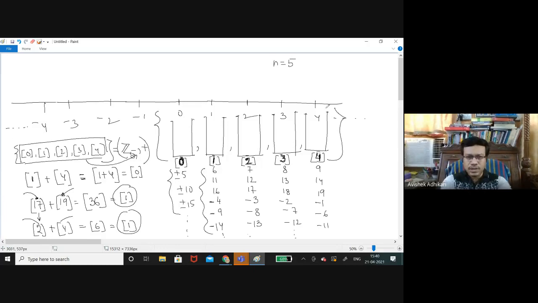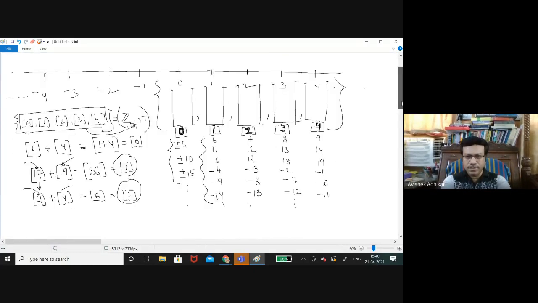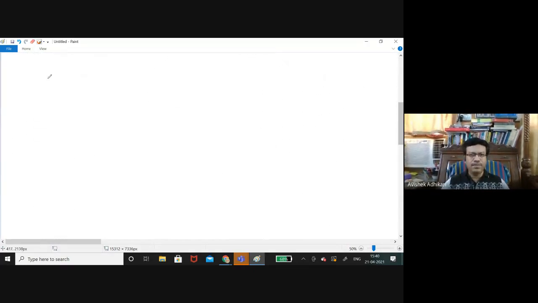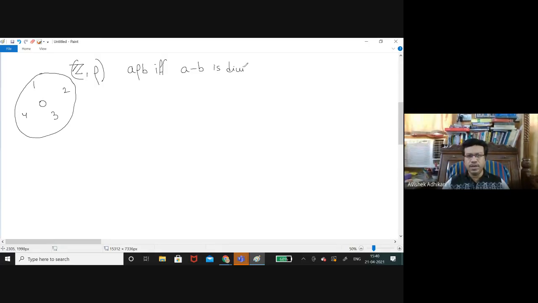Okay, so this can also be seen in this way. We have Z, right? This is our whole Z, that means the whole set of integers. 1 is there, 2 is there, 3 is there, maybe 4 is there, 0 is here, and so on. Now I define a relation on Z: a is related to b if a minus b is divisible by n, say n equal to 5.